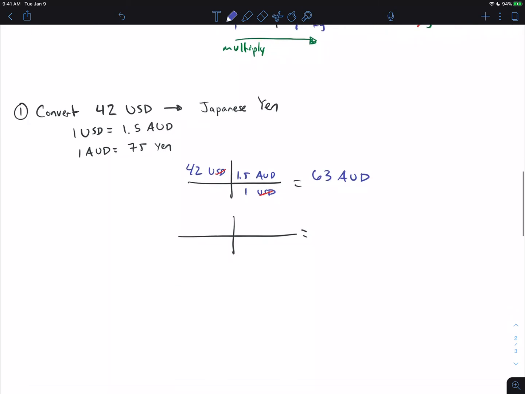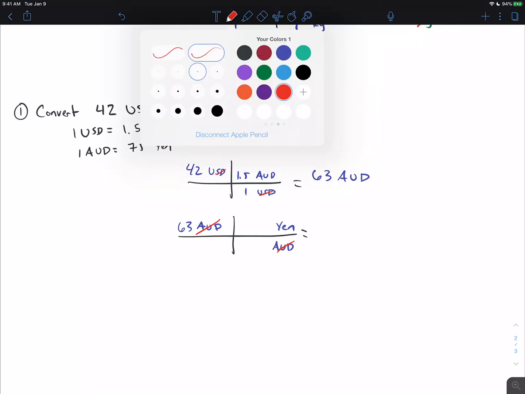Now I'm going to take this answer and put it into my second conversion. That's what I'm starting with now, 63 Australian dollars. At the end, I want to have yen, and I want to get rid of my Australian dollars. So it's the same situation as before. Remember that the Australian dollars will cancel because they're on the top and the bottom, similar to our first example.